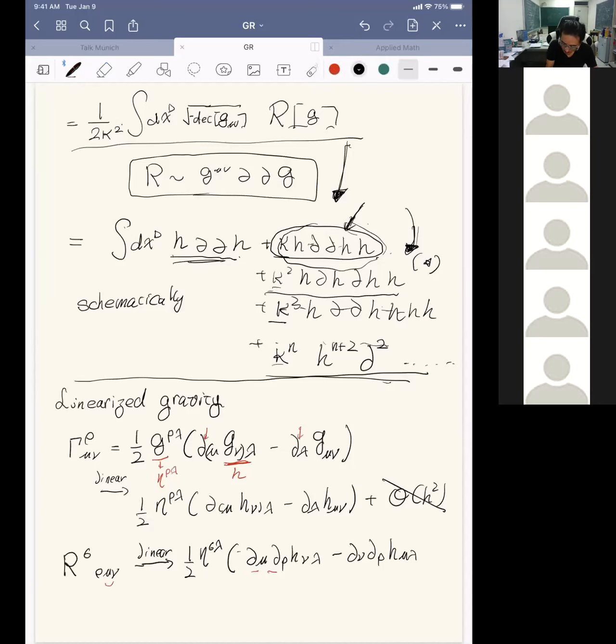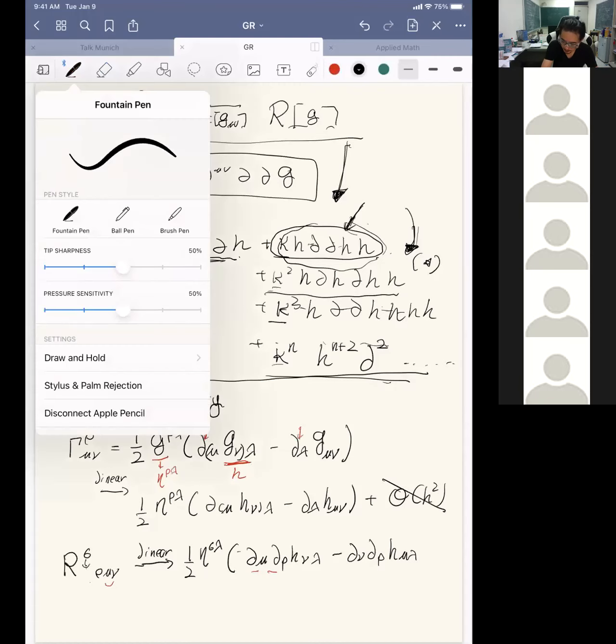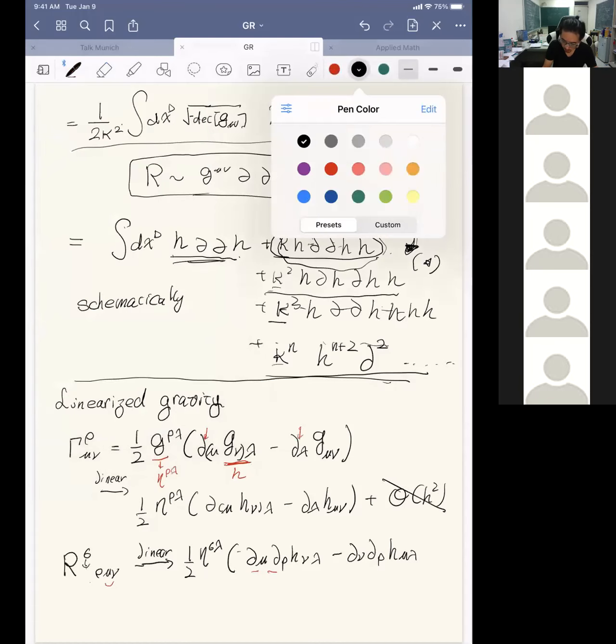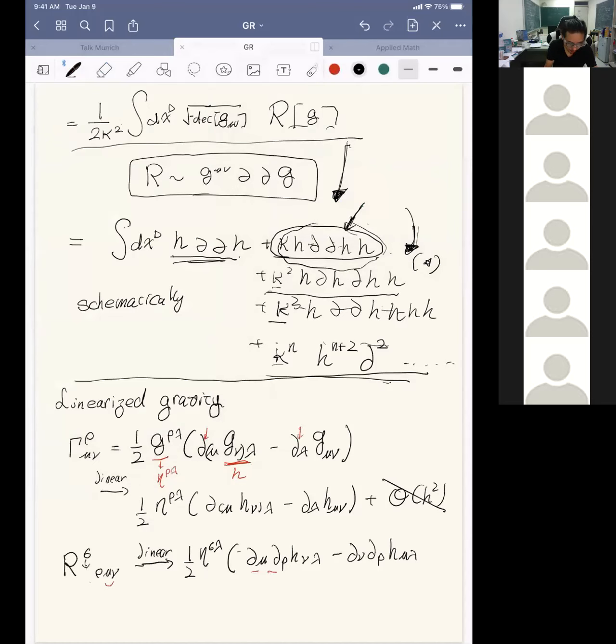But if you lower the σ here, then it's also going to be antisymmetric in σ and ρ. This is related to the fact that we can write the Riemann tensor in a simple field strength language if we do things in terms of gauge symmetries, which we'll talk about in the extra lecture at the end of the semester.